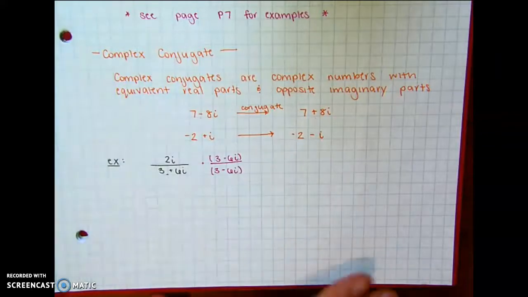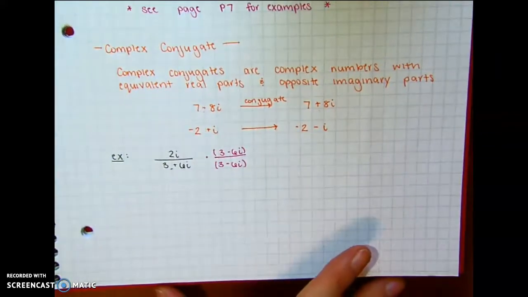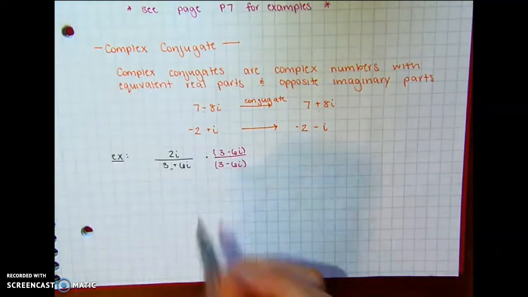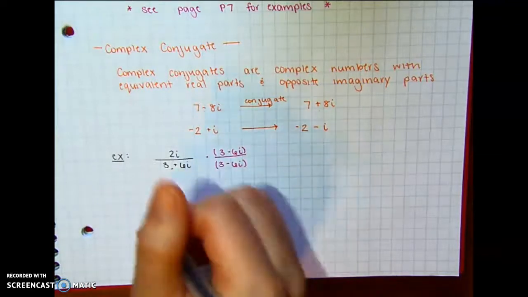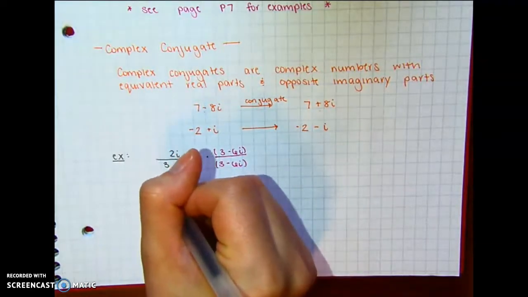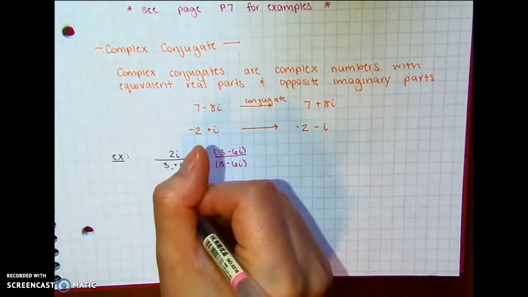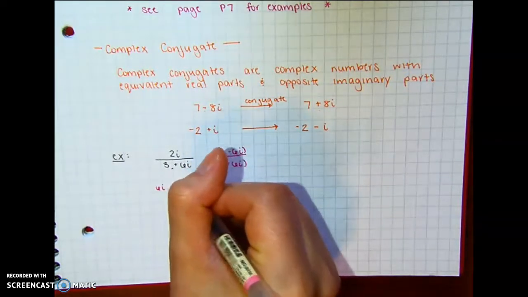And then I'll show you in this pink color why it works, but you don't have to show this work. So when you distribute, right, 2i times 3 would be 6i. 2i times negative 6i is negative 12i squared.